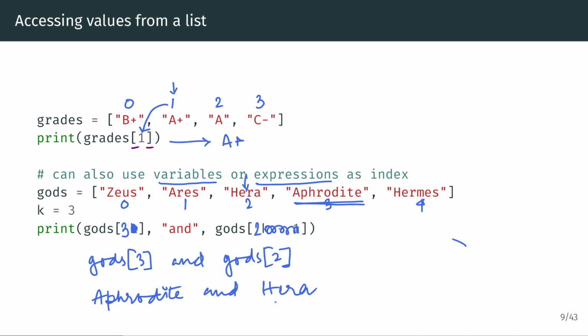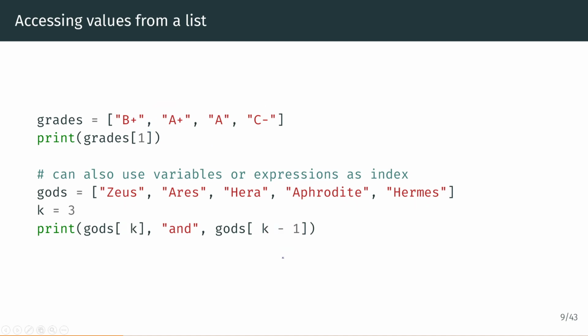So to summarize, accessing values from a list is really simple. You just say the name of the list, and then within square brackets you specify the index, and each element in the list will have an index 0, 1, 2, 3. The index will tell you which variable to print.